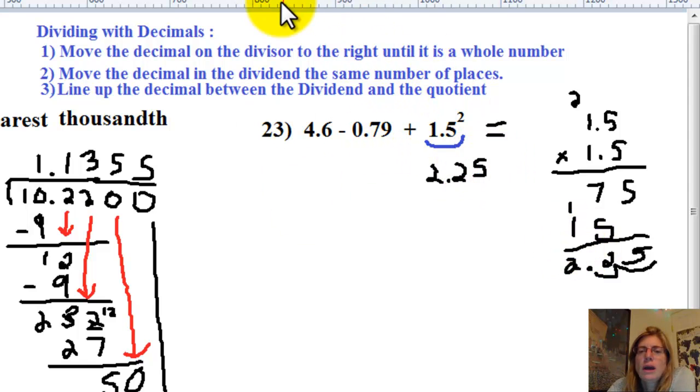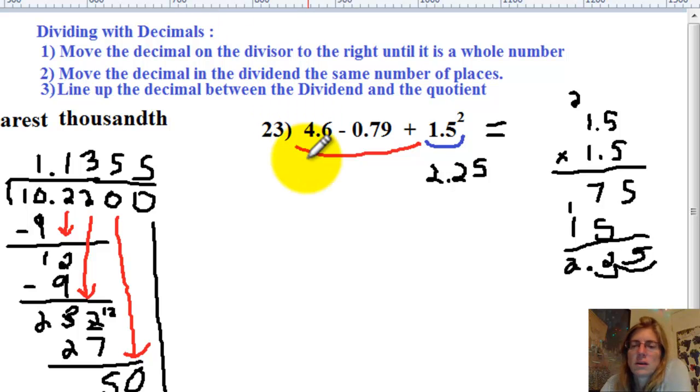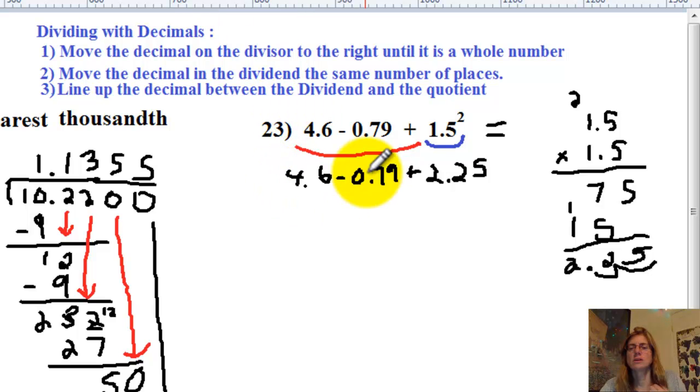Okay, so now let's bring down the rest of this problem so that we have 4.6. So the next line across, if we're looking at it as line 1 up here, and then this is line 2, it's subtraction and addition. Well, those happen at the same time, so then we go from right to left. So we do this 4.6 minus 0.79 first.